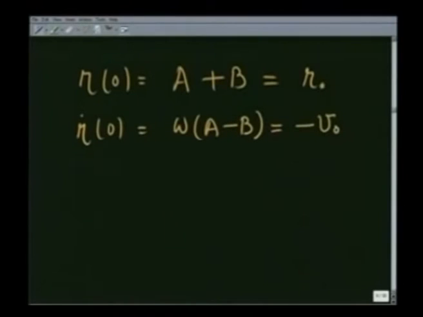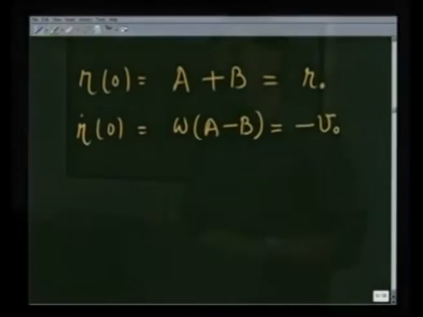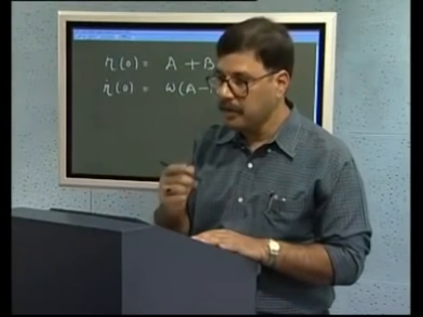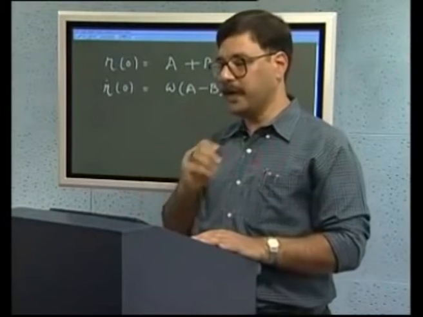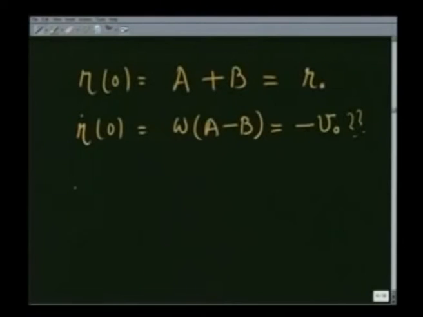I want to find that V0 with which I push the particle in so that it keeps on moving in. So, what I want is such a and b so that the particle keeps moving in. This is my equation number 1. Equation number 2 becomes a minus b is equal to minus V0 over omega.